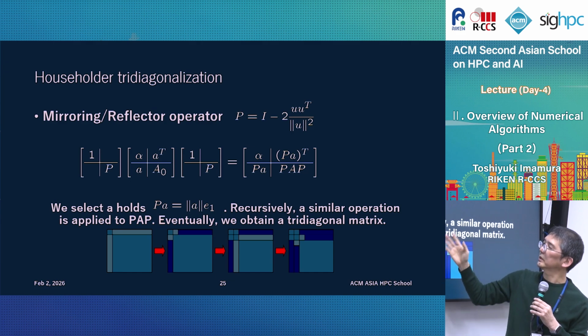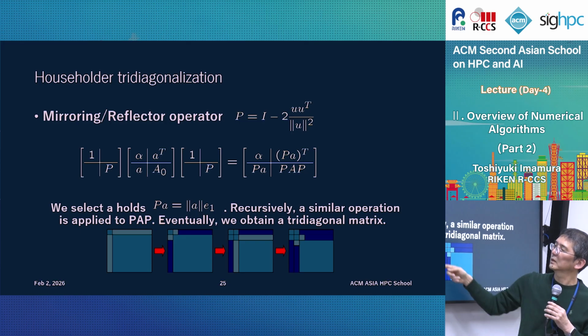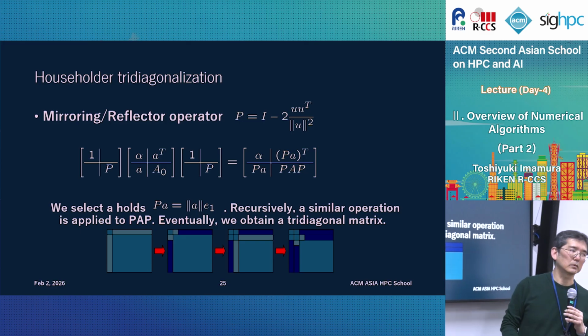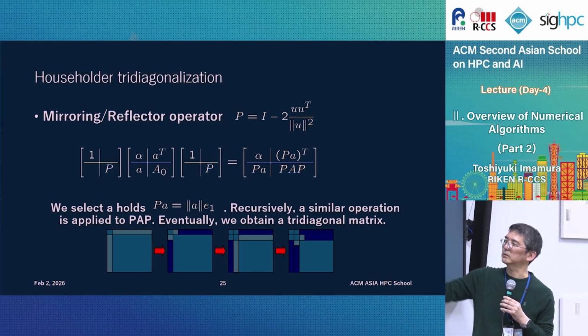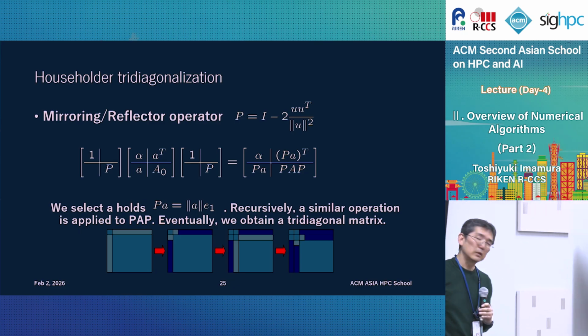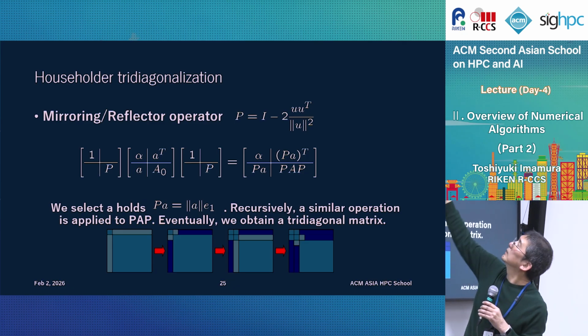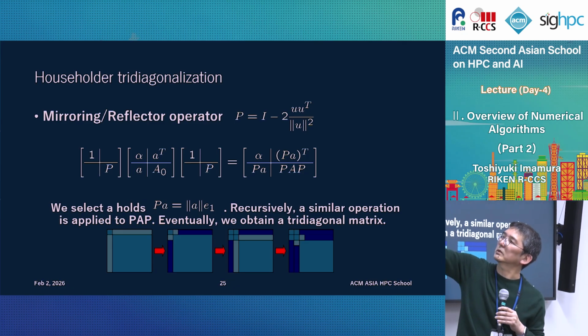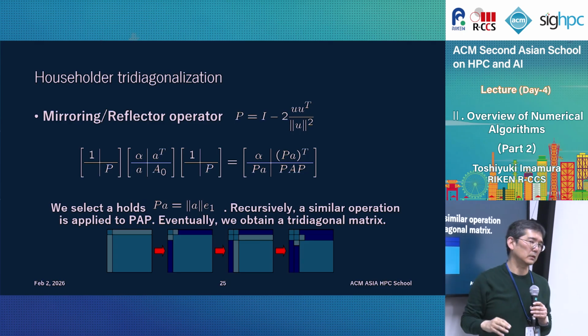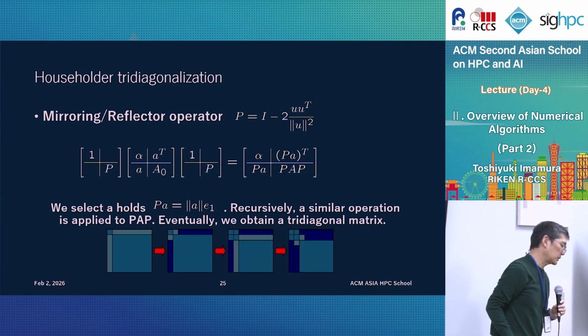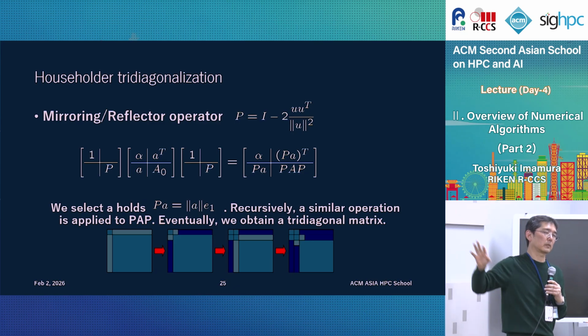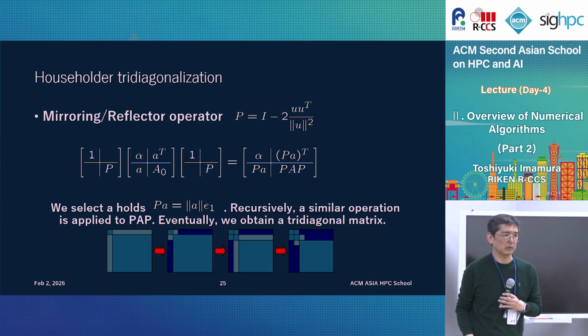So recursively, we can apply this process onto the smaller matrix. Eventually, we have a tridiagonal format like that. Any operations here just multiply the vector and the dense matrix from the left and right hand side. So it is very simple, and it is parallelizable.